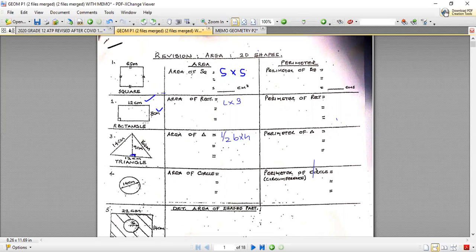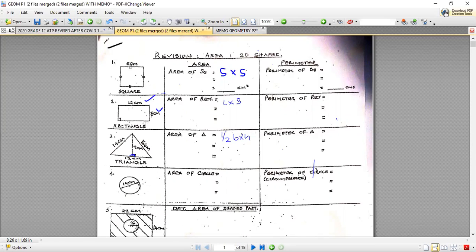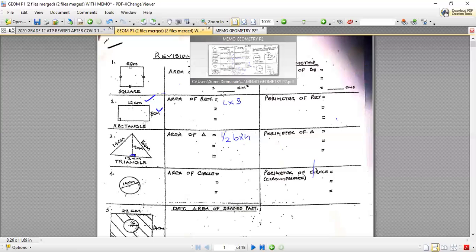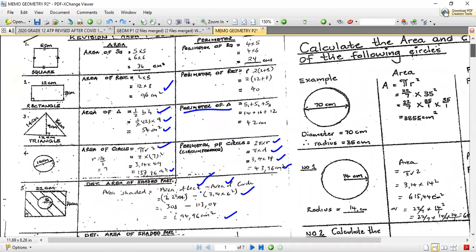So the answer would be half times 12 times 9, which is 54 square centimeters. How do we calculate the perimeter of the triangle? If we start at this point and walk all the way back to the point, it would mean adding 16 plus 12 plus 14. Good. So we would get 42 centimeters. Let's move on.